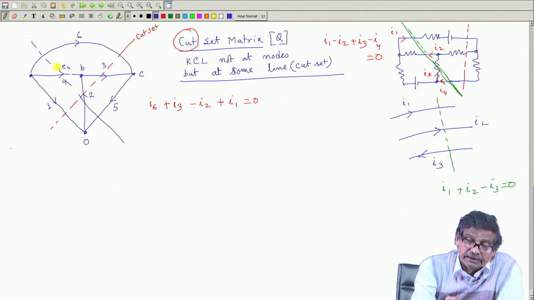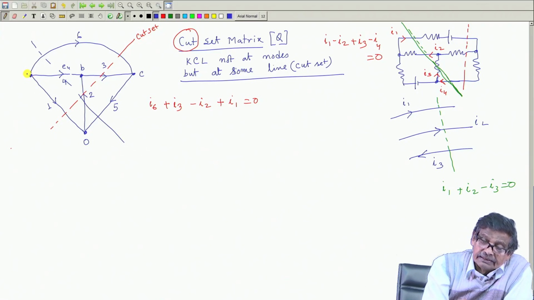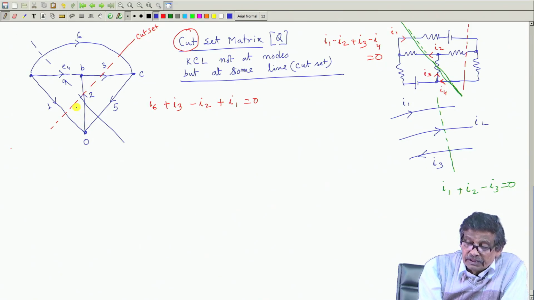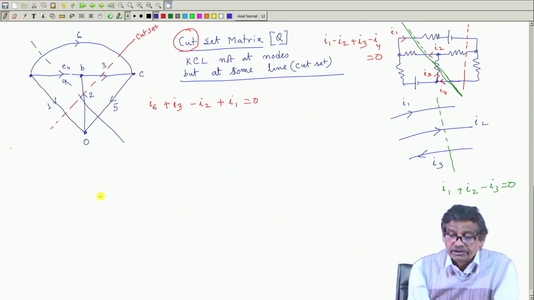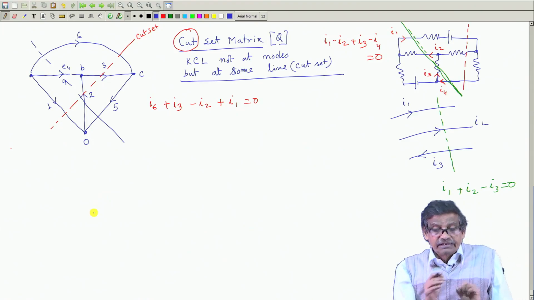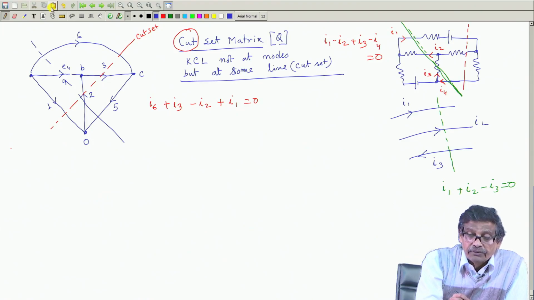Suppose you draw a Cutset like this, then I will say that I6, suppose I assign plus sign there, I6 plus I4 plus I2 and minus I5 is equal to 0. I think you have got the idea. Achha. Now, with this background, I will go to the next page.